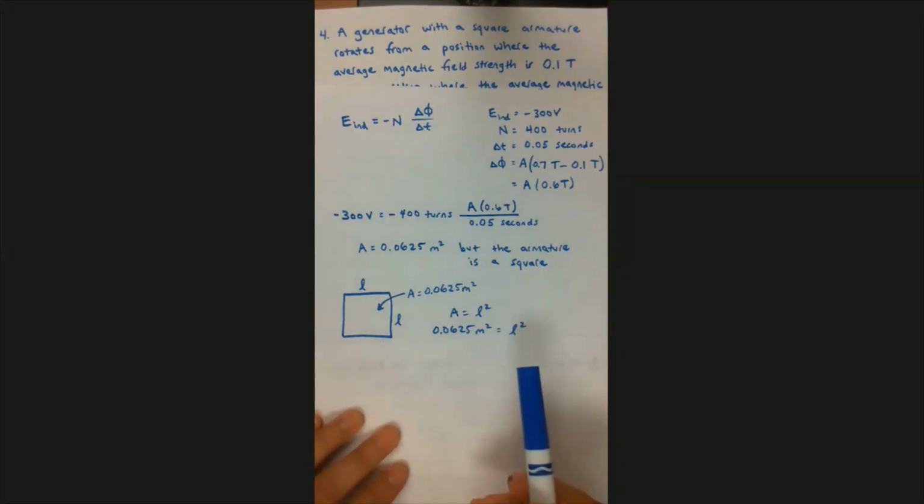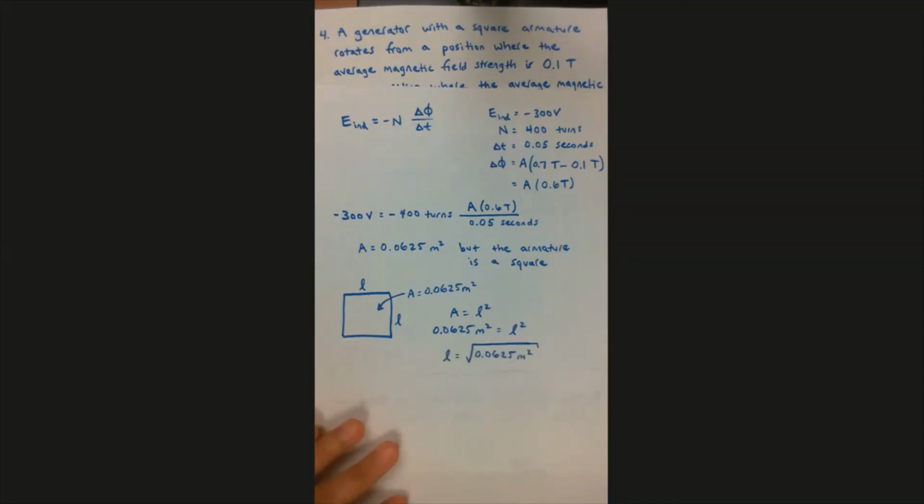Now, the problem asks for one side length, so I want to solve for L, not L squared, but L. I can do that by taking the square root of both sides. L is going to equal the square root of 0.0625 meters squared. You plug that into your calculator and take the square root, and you get the side length is 0.25 meters.